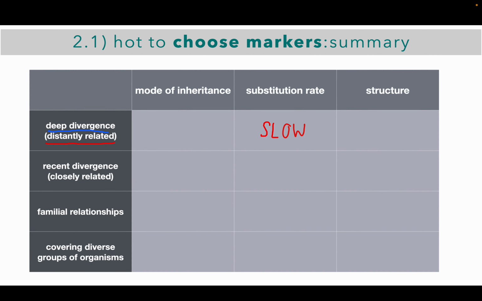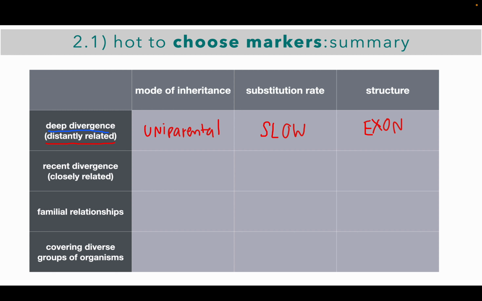And which structure is slowest here? Intron, exon, or spacer, right? You want exon. And in terms of mode of inheritance, you want something to be slow, therefore you probably don't want something that inherits from both sides, right? You want something uniparental, come from mom or dad alone, not both.